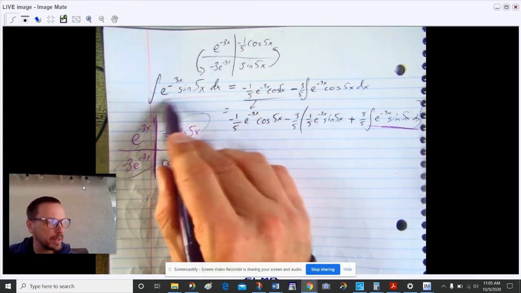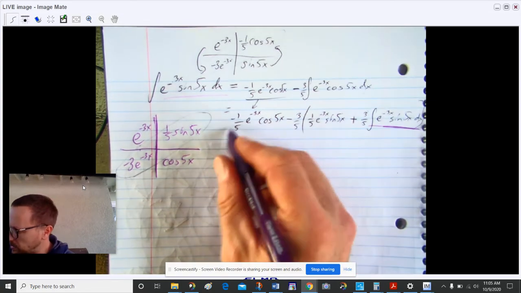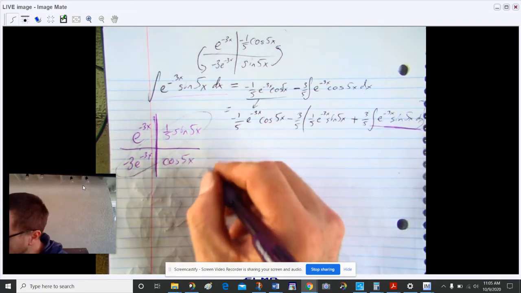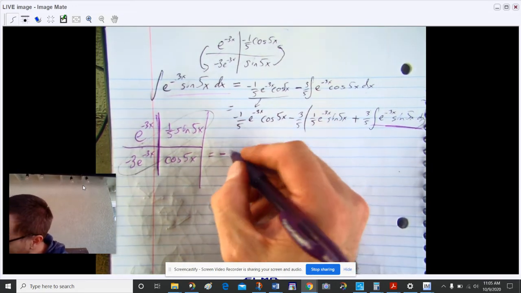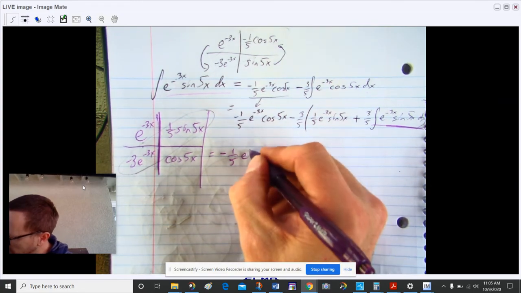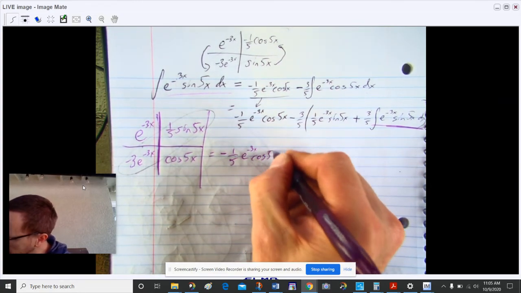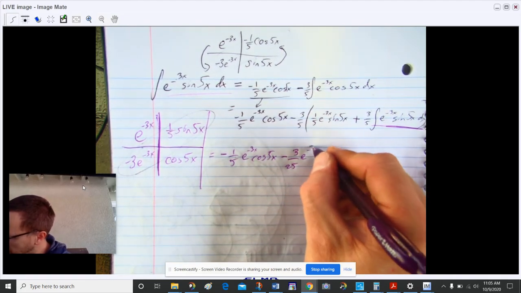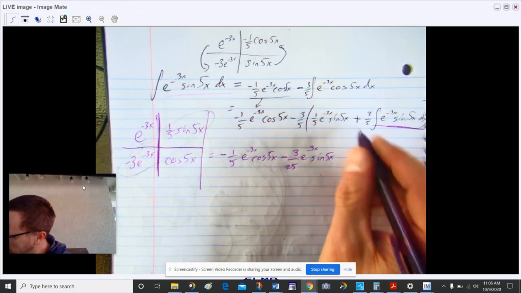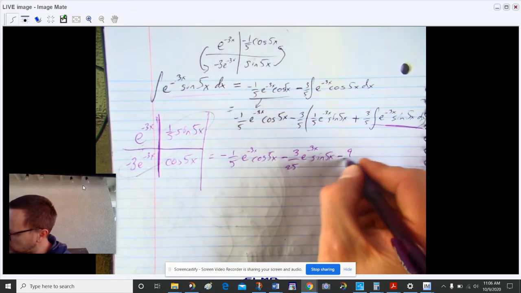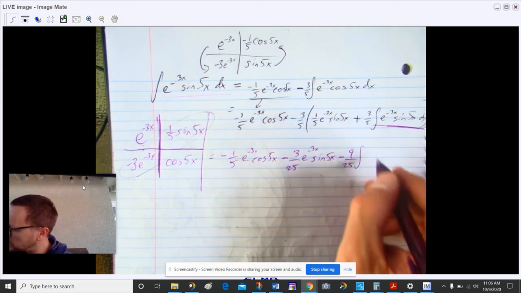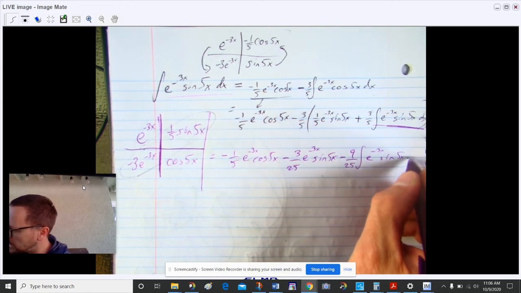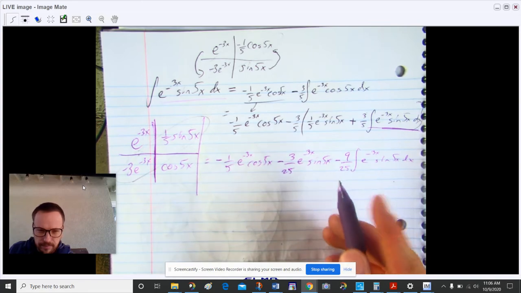Now we're going to distribute in this negative 3/5. So now we've got negative 1/5 e to the negative 3x cosine of 5x minus 3/25 e to the negative 3x sine of 5x, then minus 9/25 times the integral of e to the negative 3x sine of 5x dx. All right, so now I've got that guy.